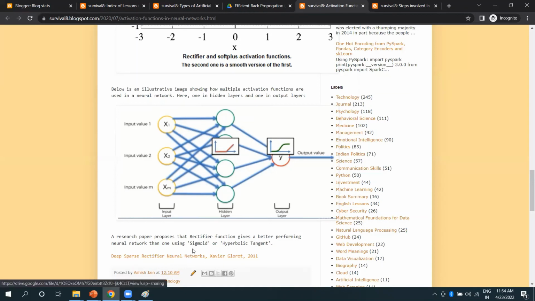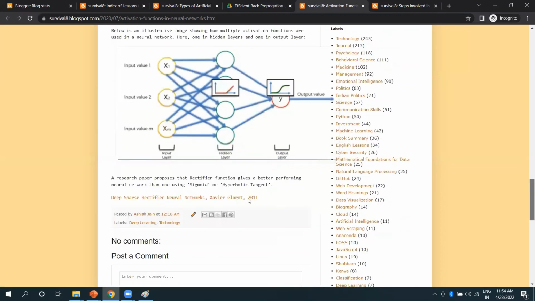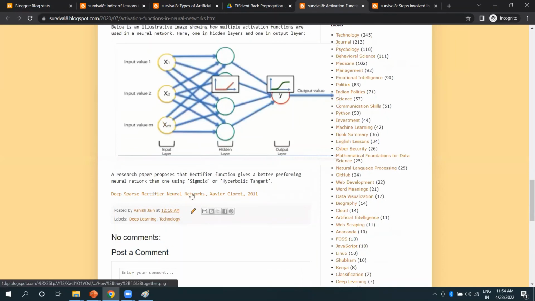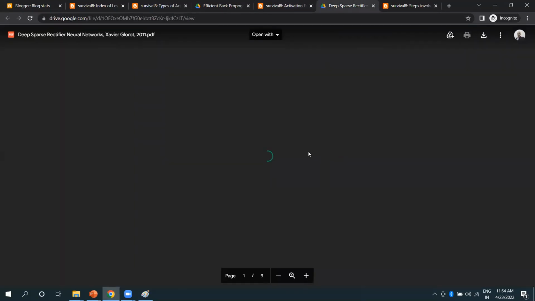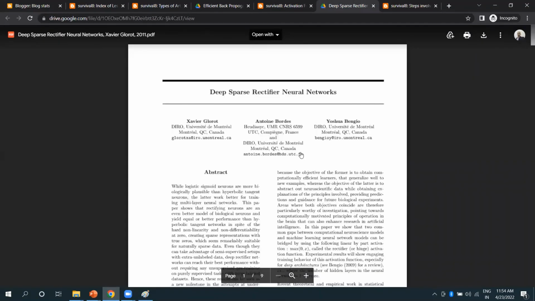The research paper proposes that when we use the rectifier function for hidden nodes and the sigmoid for the output node, we get a better performing neural network, and the link to that research paper is also given here. You can go through it whenever you have time.